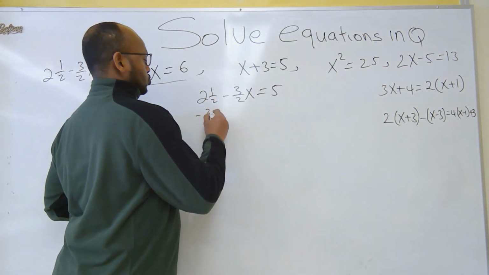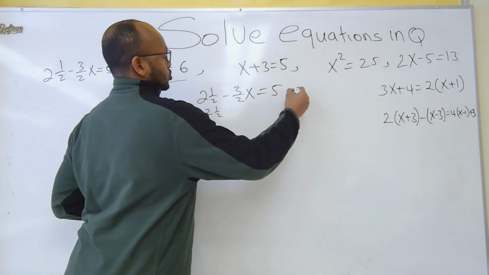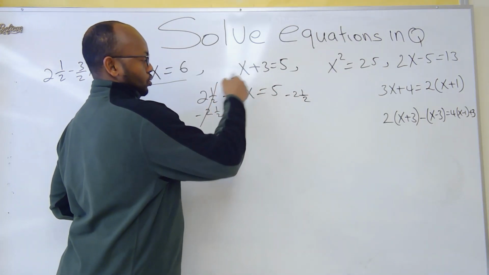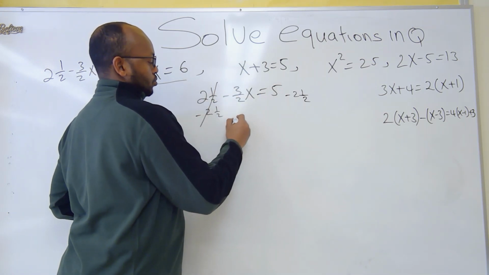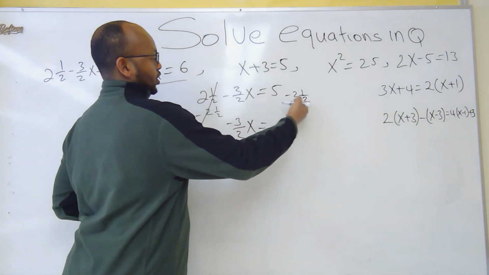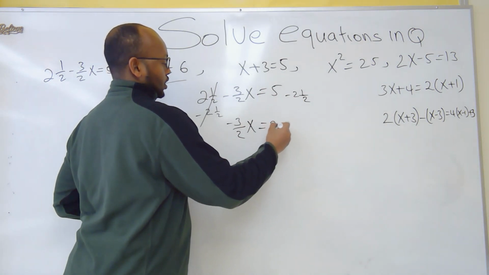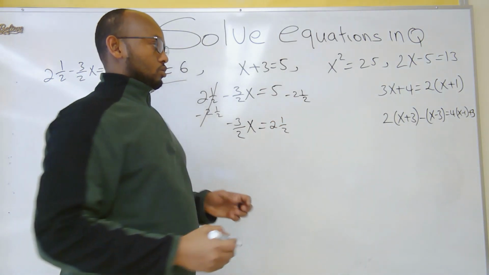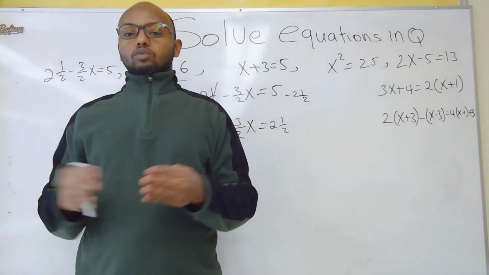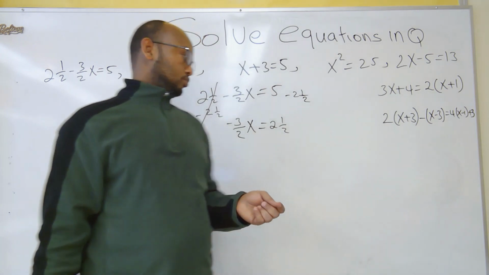So minus 2 and a half and minus 2 and a half. This is gone. This minus belongs to this term, so rewrite minus 3/2 x. x is equal to 5 minus 2 and a half, which gives me 2 and a half, because 5 is 2 and a half plus 2 and a half.